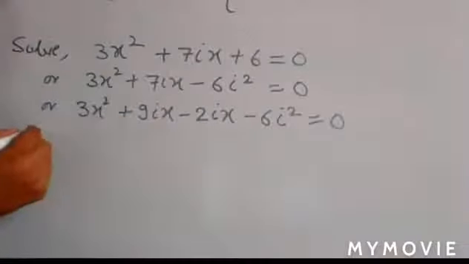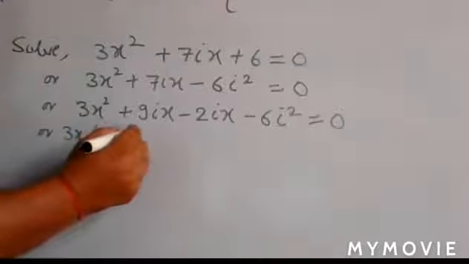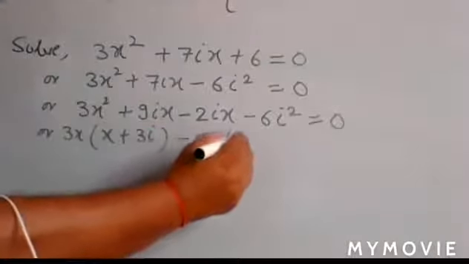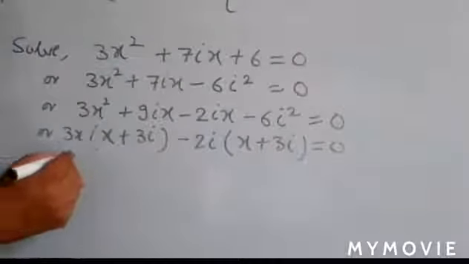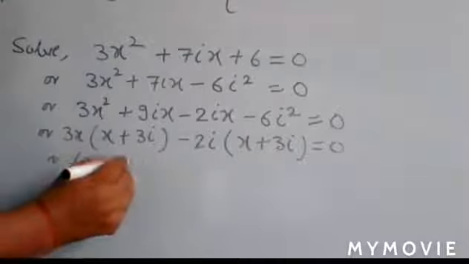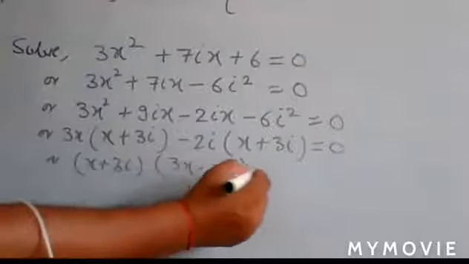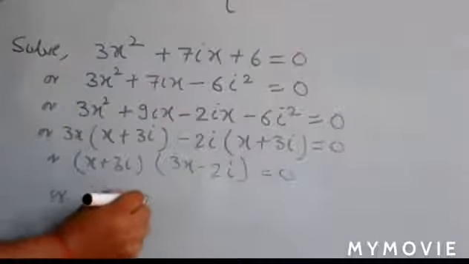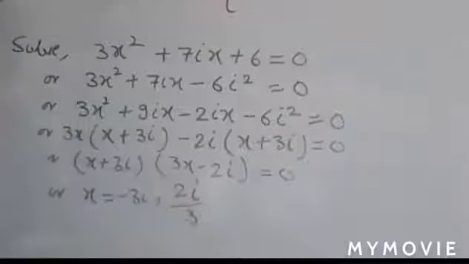Now taking 3x common, you have x plus 3i. In the same way, you can take common 2i, so you have x plus 3i, that is equal to 0. Again, take common x plus 3i, so you have 3x minus 2i is equal to 0, or x is equal to minus 3i and 2i by 3.